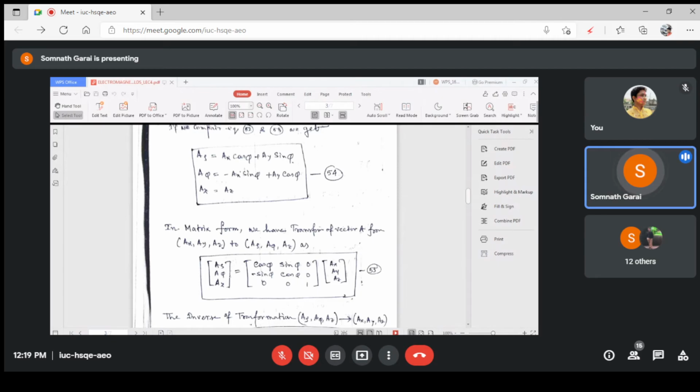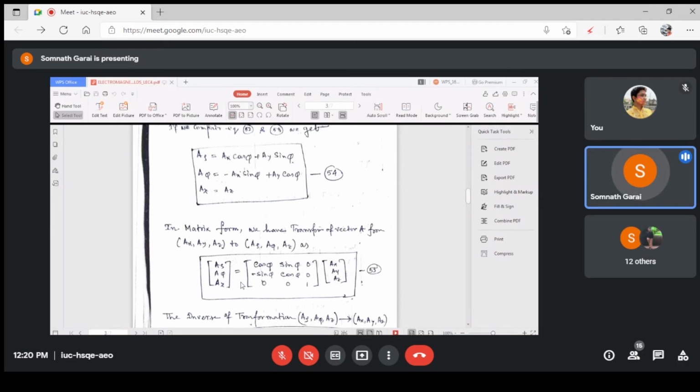Now if we convert this matrix form into equations, you get equation number 54. Just calculate the matrix multiplication. A rho is equal to ax into cos phi plus ay into sin phi plus az into 0. You get the first equation.